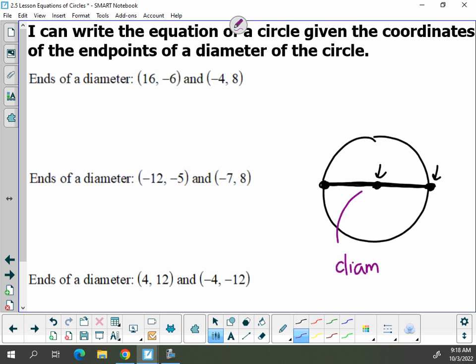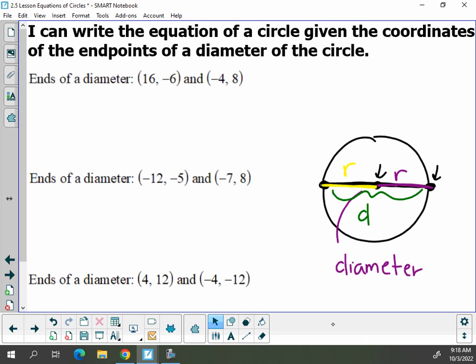And this hopefully is something you've seen before, but if not, you're seeing it now. So a diameter is two radii that are kind of back to back. So that's a radius, and that's a radius. And when we put them all together, they become a diameter, which we could call D.